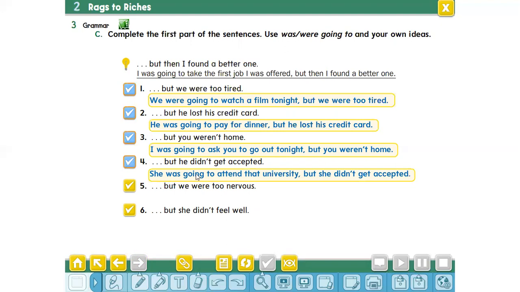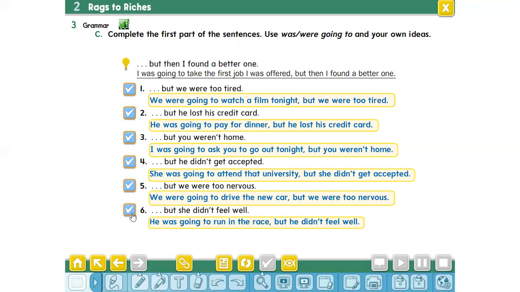She was going to plus base form. We plus were, okay? We were going to drive the new car, but we were too nervous. He was going to run in the race, but he didn't feel well.